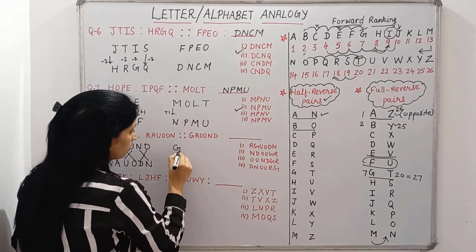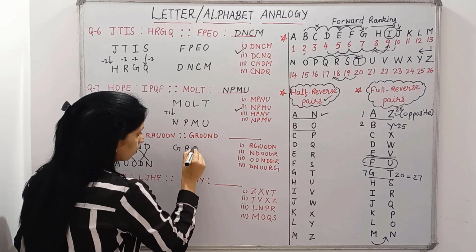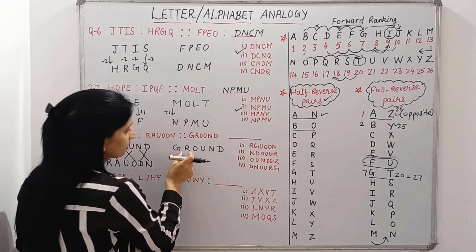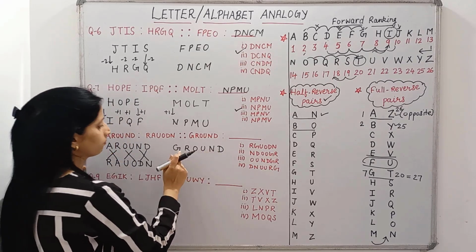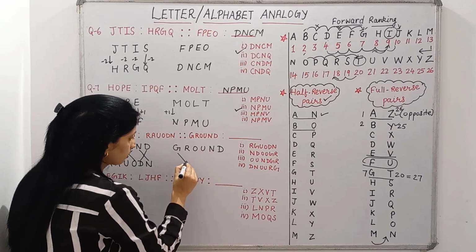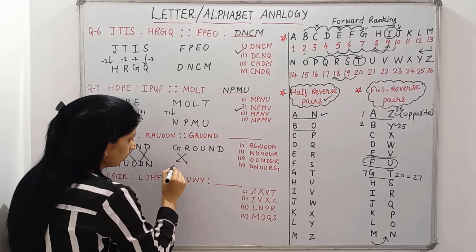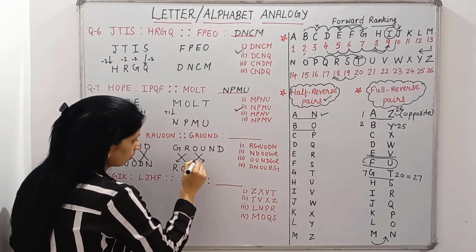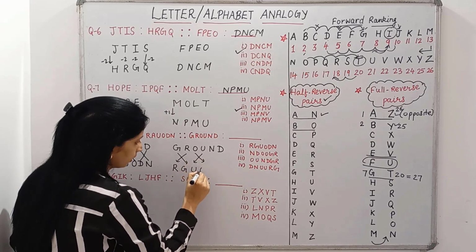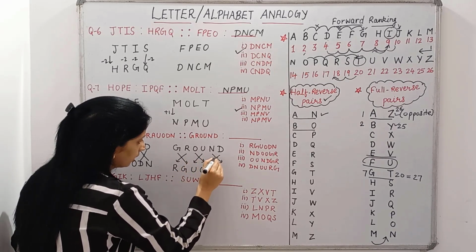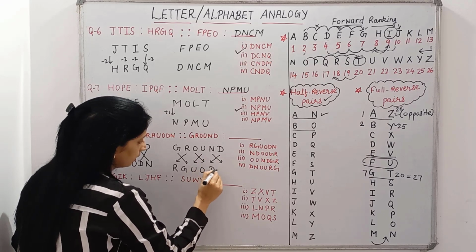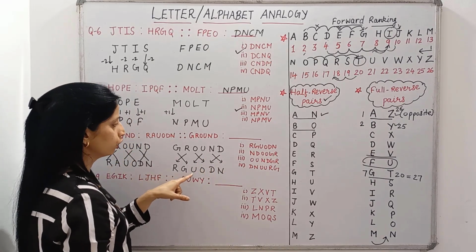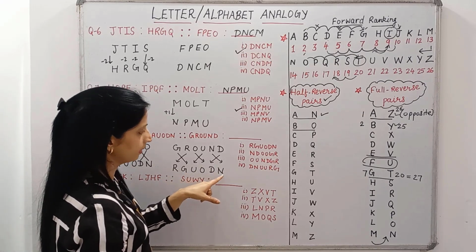So write GROUND here, G, R, O, U and D. Write neatly by leaving some space between the letters. Now interchange the places. Do like this, write R here and G here. Now U here and O, then D and N. So our answer will be RGUODN.